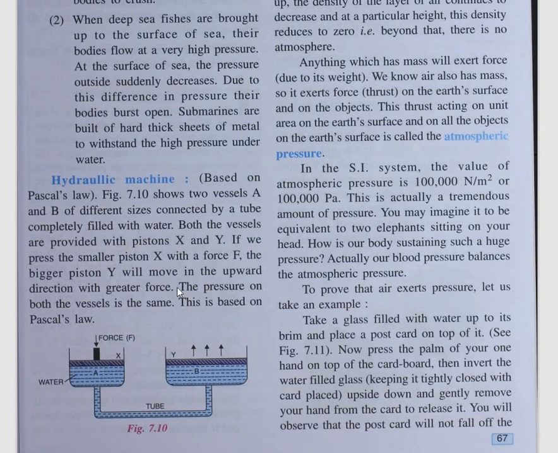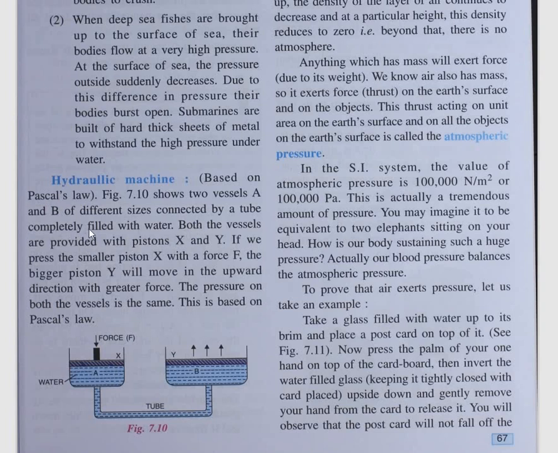The bigger piston Y will move in the upward direction with a greater force when the pressure on both the vessels is the same. When the pressure is applied on X, the water will go down and it will go over here like this. But the pressure on both the vessels is the same, so this is based on Pascal's law. Let us understand it once more. A and B, of different sizes, are connected by a tube completely filled with water.